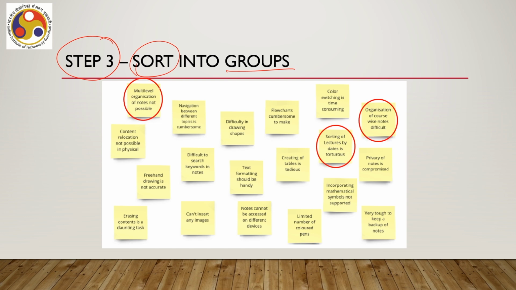Say for example, these 2 ideas, multi-level organization of notes not possible and sorting of lectures by dates is torturous, and also organization of course wise notes difficult, these can be similar. All of these refer to organization of the notes.